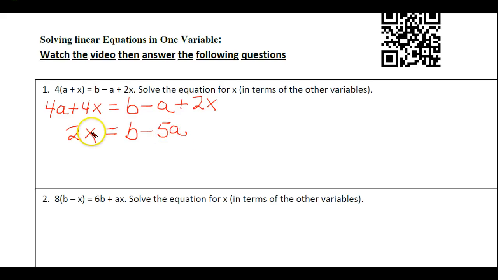Now to solve for x, I divide by whatever the numerical coefficient of the x is, and everything on this side. Here these cancel out, and I get x equals this, which is our answer.